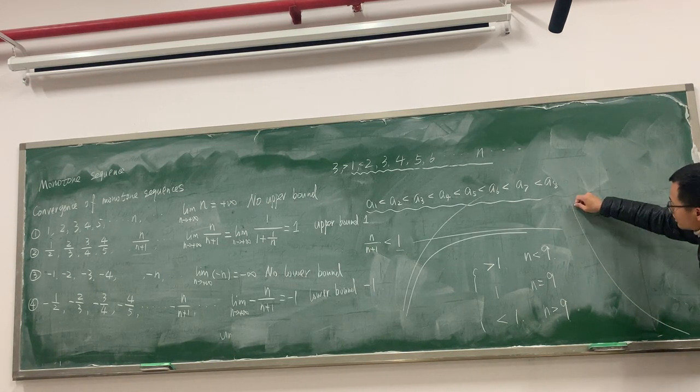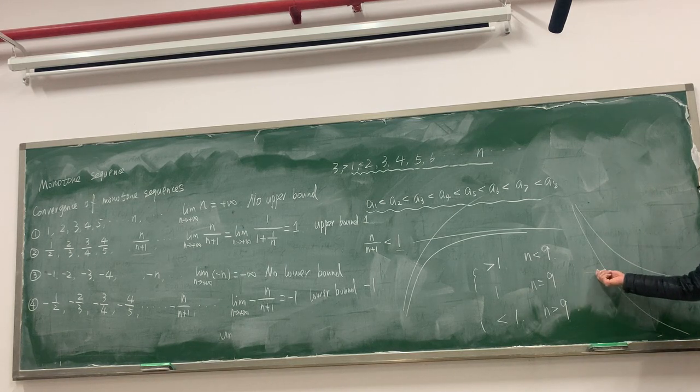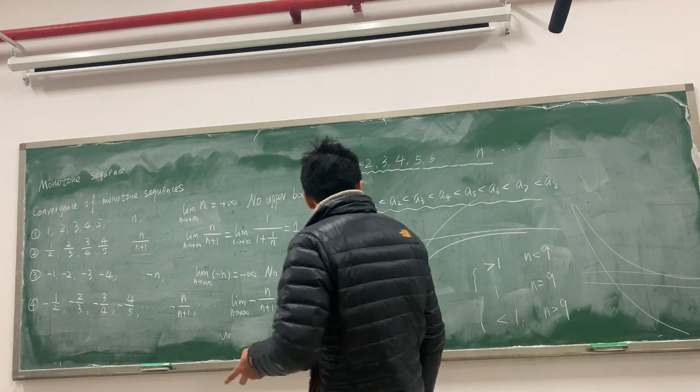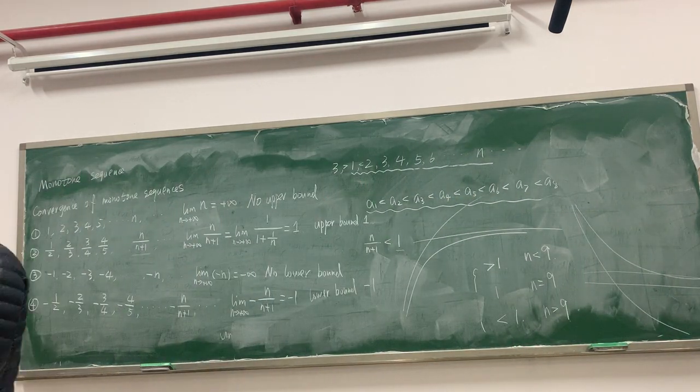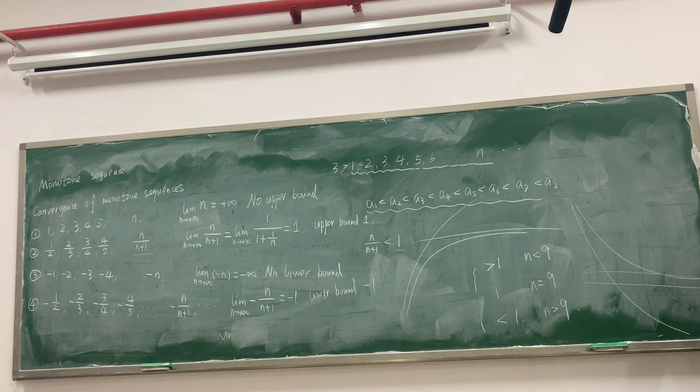The second is that it converges to some constant, and in this case we have a lower bound. So overall: go to plus infinity, go to minus infinity, or have a limit. You should remember these possibilities.